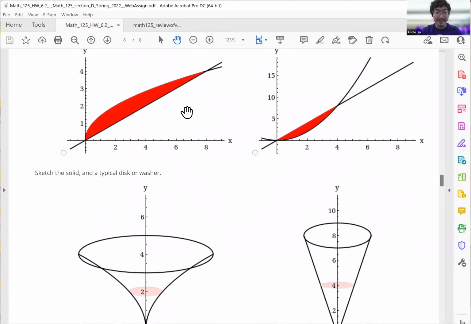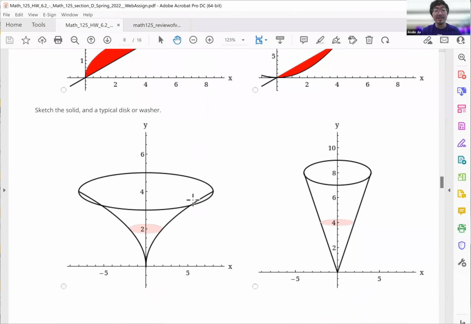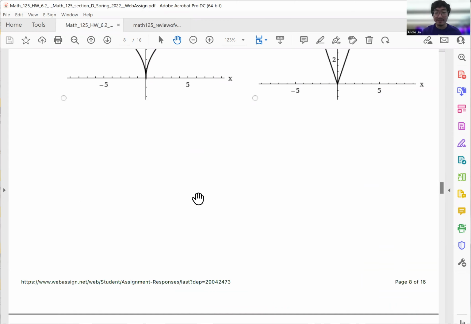So it is this one. The upper bound is 4, the lower bound is 0, and we have the integral here. Make sure it is using dy. If it's dy, it's the variable to integrate, then the interval should be y values, not x values.